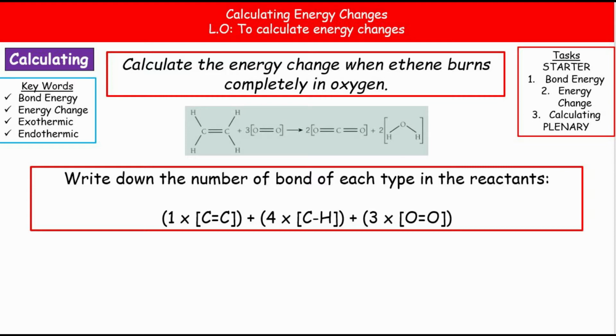So you can see we've written down there 1 times carbon double bond carbon plus 4 times the carbon single bond hydrogen. But it also reacts with oxygen, and we've got 3 moles of that, so it's 3 times the oxygen double bond oxygen. So jot this down first of all, and then we'll move on to step 2.